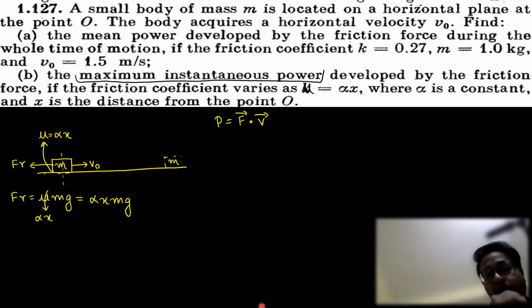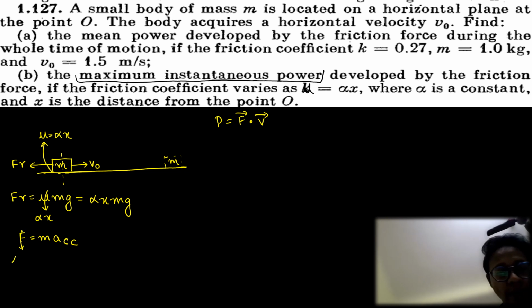In order to find the power, I have to find the velocity. Now how do I find the velocity? First I need to find the acceleration. And how do I find the acceleration? Force is equal to mass into acceleration, where force is nothing but the friction force acting on the block, alpha x mg, equal to mass into acceleration.